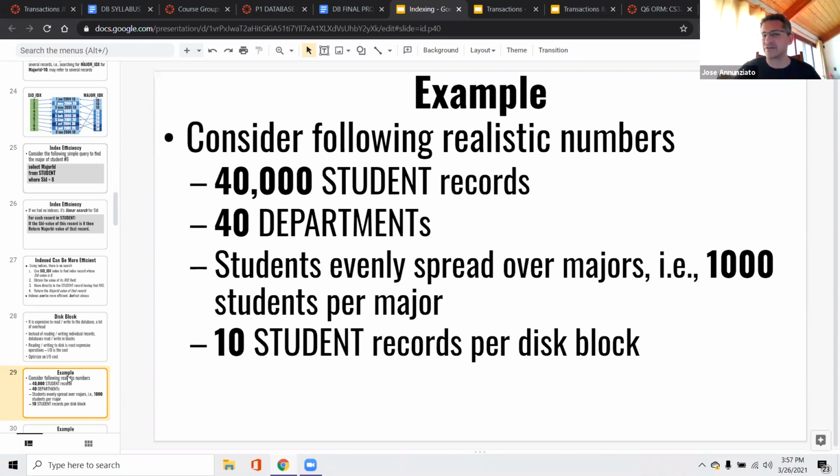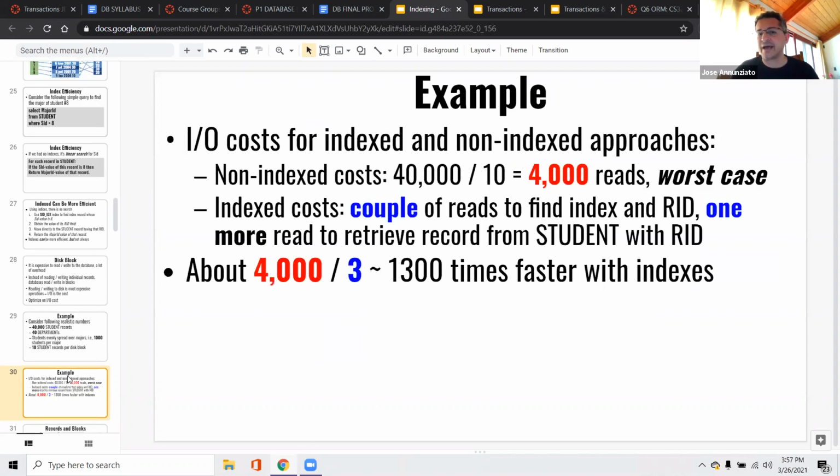Can we do better than 4,000 reads? It turns out that if we use indexing on the primary key, if we're looking for a particular individual in the students table, we know who they are, then we have the primary key. If we use a full scan and don't use indices, we could get very unlucky, maybe the user is way at the bottom, the very last record.